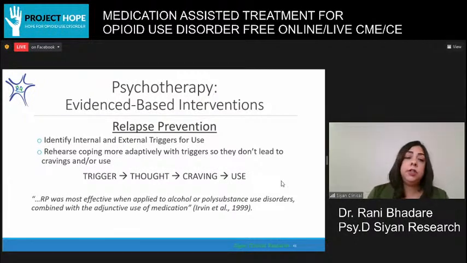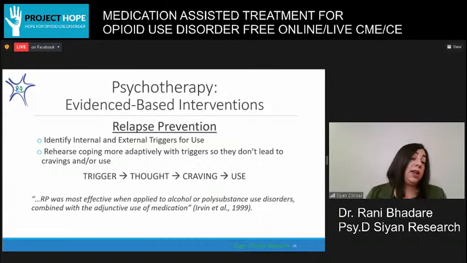An internal trigger is either an emotional state or so forth that triggers a craving for that substance, and some sample internal triggers include loneliness, boredom, or being hungry or tired. So we have an inventory of common internal triggers we have patients look through so they can familiarize themselves with what triggers me to have stress or negative thoughts that may increase my likelihood of picking up that opiate again.